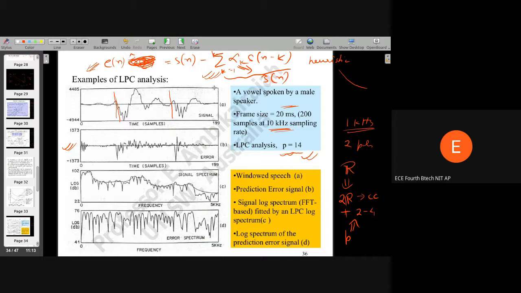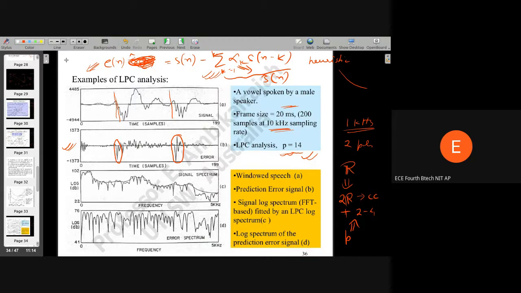Not purely periodic, we call it quasi-periodic, but you can see that. At these locations there is a sharp spike. In the rest, it has very small values. It looks like a noise waveform, but still you can see some very strong spikes at certain positions.